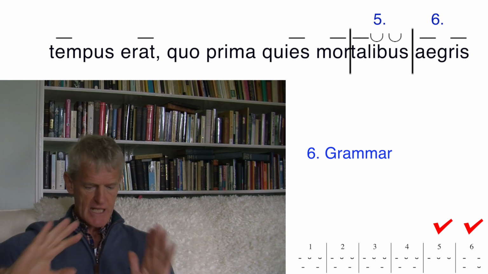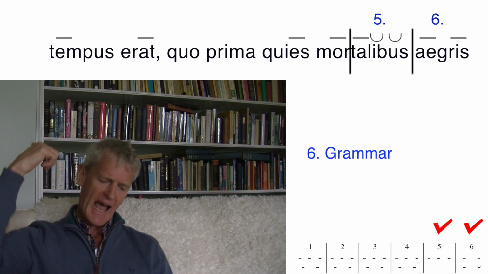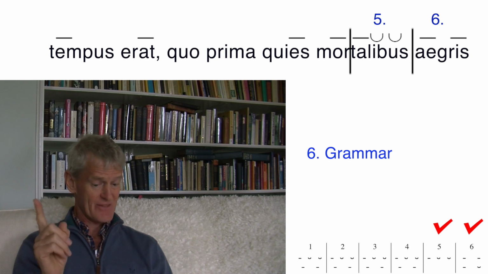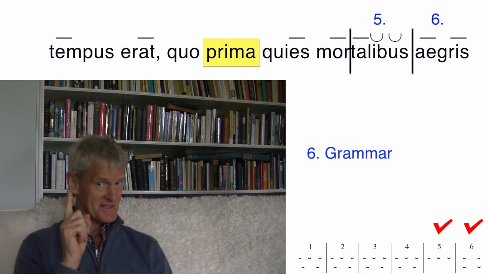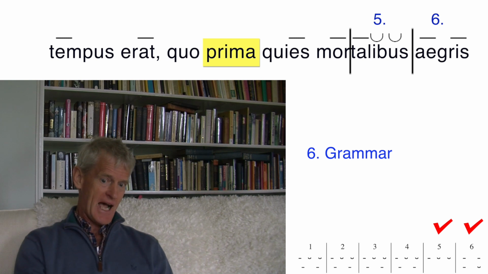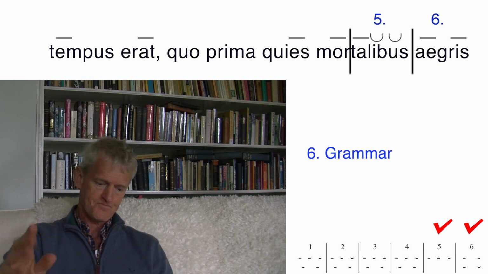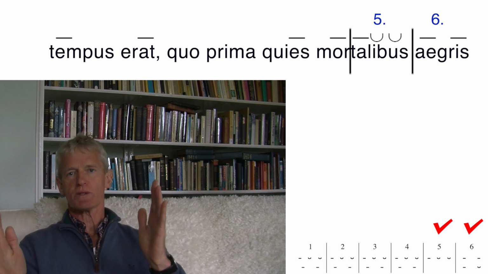So let's just assume that if there were any words here which grammatically had to be either long or short, we could have got them right at this stage. And just to give you a clue, there is one here. That word prima. Grammatically, the A is either long or short from a grammatical point of view. But because we haven't translated it, I'm not going to, in a sense, cheat by marking that, because at this point we don't know. Okay, now what you can do is kind of join the dots.